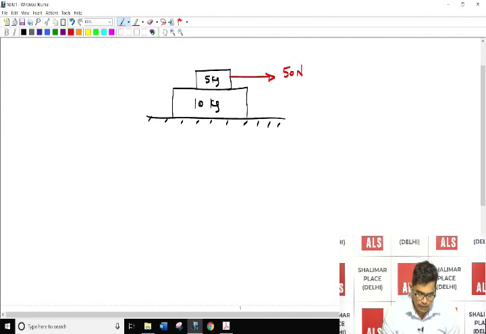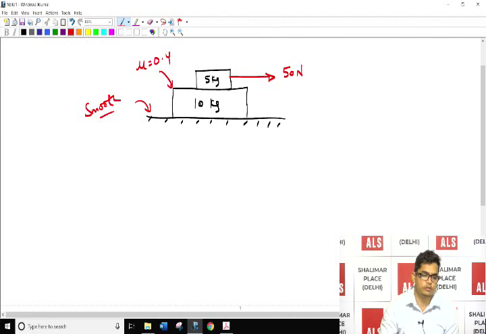The coefficient of friction here is 0.4 and the lowermost surface is smooth. So you have to find the accelerations of the blocks.